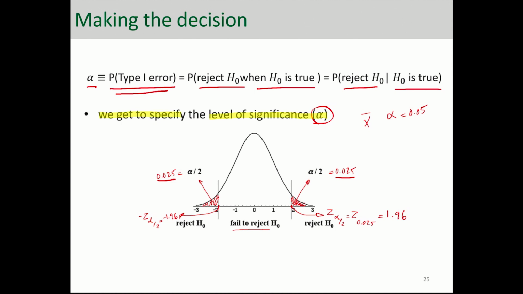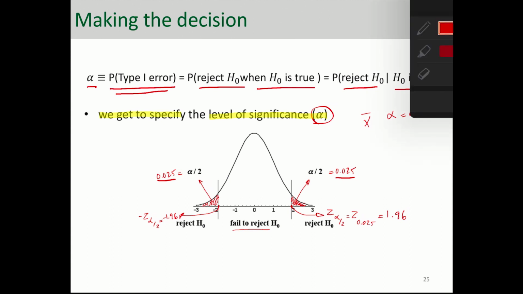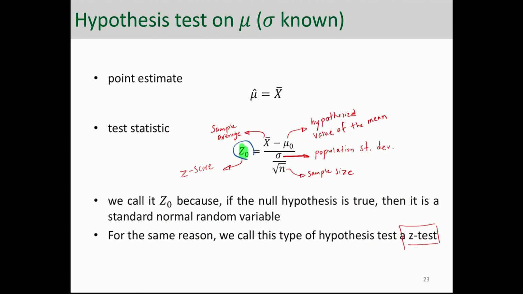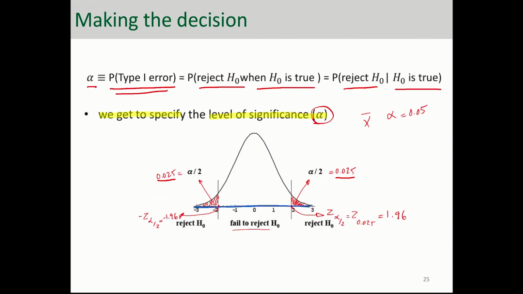So we just determined when we would reject our null hypothesis. When our test statistic lands somewhere on this Z scale, you calculate your test statistic, the Z-score, and if your Z-score ends up in either of these two areas, you would reject the null hypothesis.